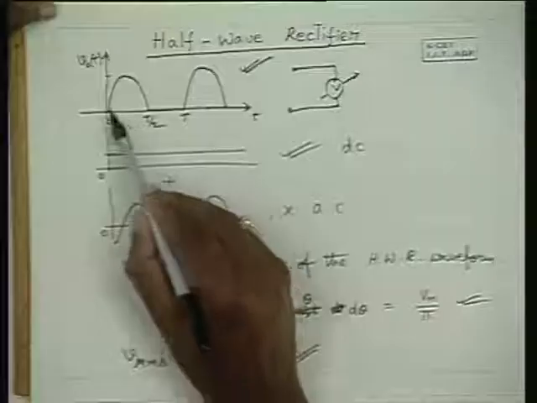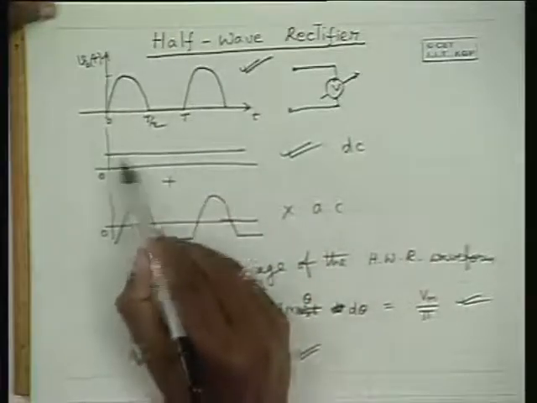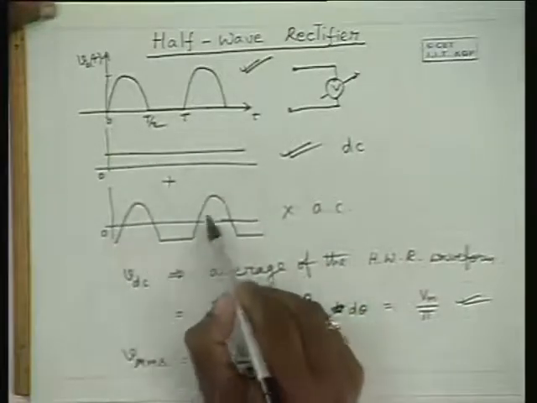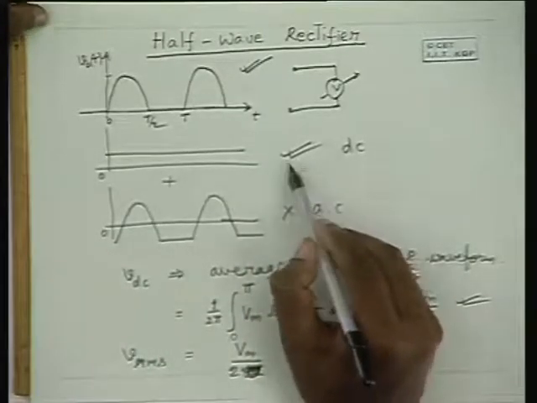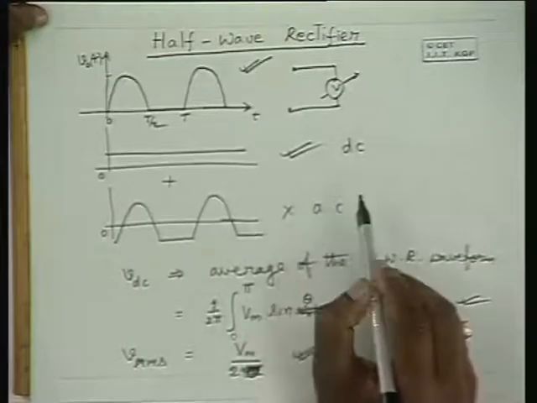In the last class we have seen that a rectified waveform has a DC component in it and an alternating component in it. So this DC component is the wanted component and this is the unwanted ripple component.